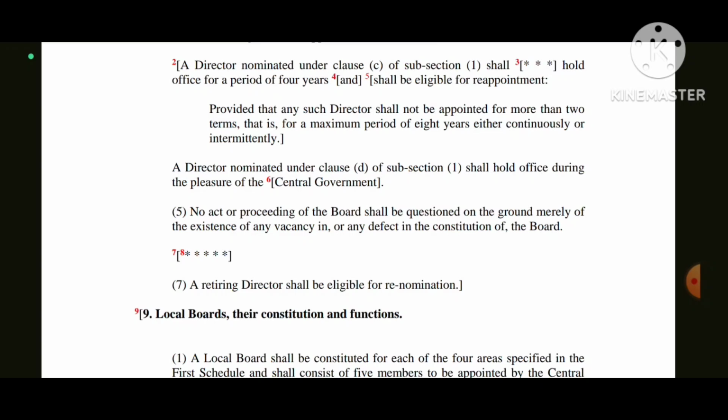So no act or proceedings of the board shall be questioned on the existence of any vacancy. So nobody can question their recruitment. Then 6th has been omitted. 7th, a retiring director shall be eligible for renomination.